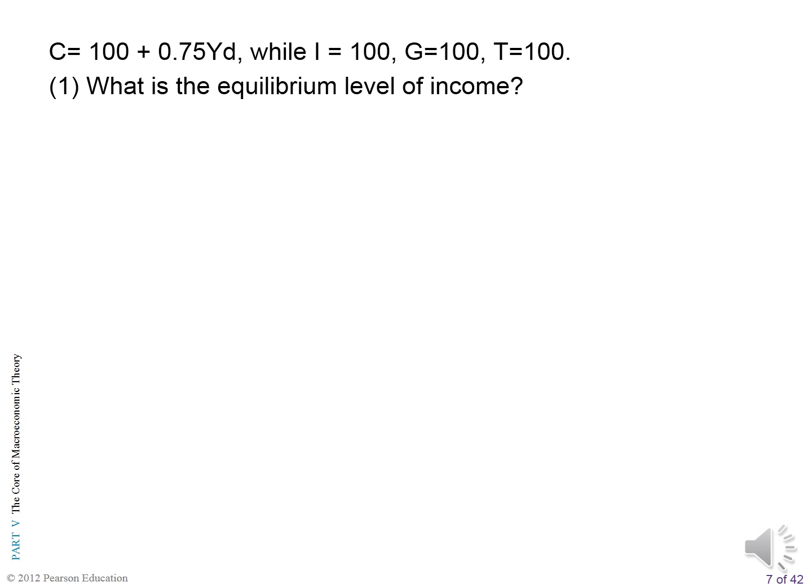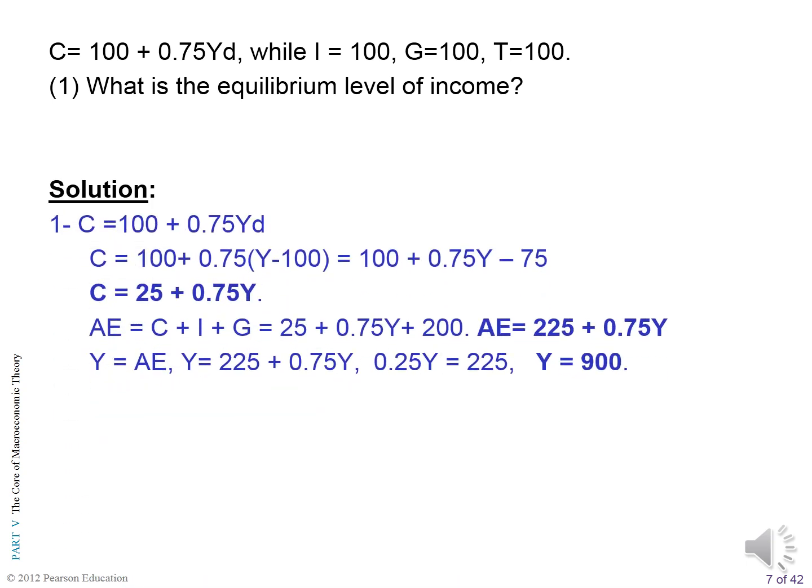If I want to calculate it mathematically, we have consumption 100 plus 0.75 disposable income, investment 100, government spending 100, T 100, before G increases. What is the equilibrium level of income? The condition of equilibrium is Y equals aggregate expenditure.